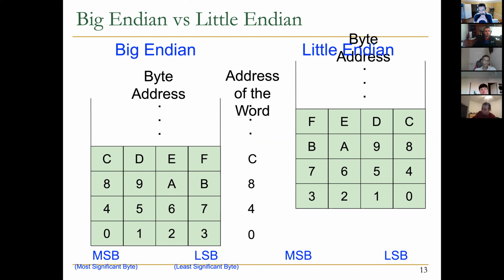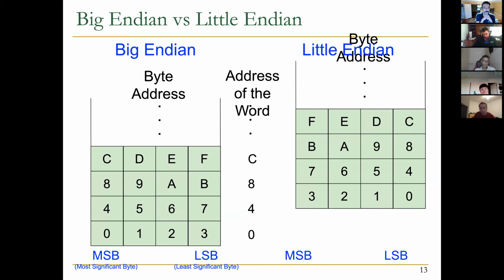In little endian, which is more popular and more usual, number 0 starts from the least significant byte. So from right here, 0, 1, 2, 3.